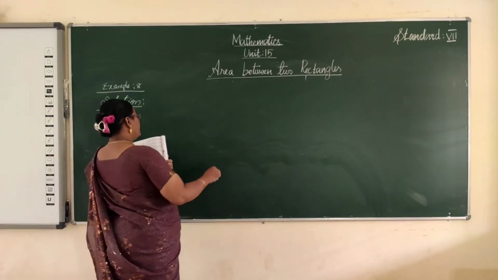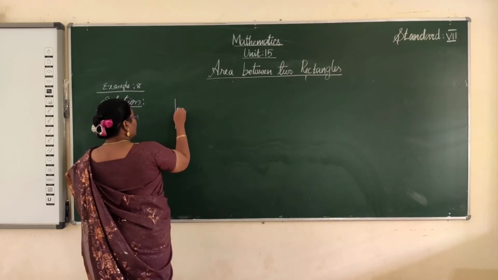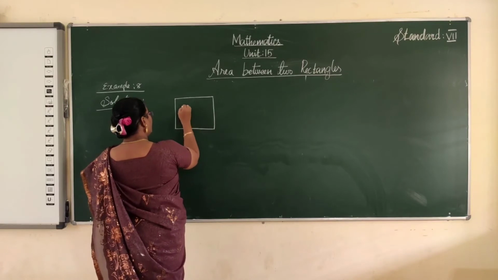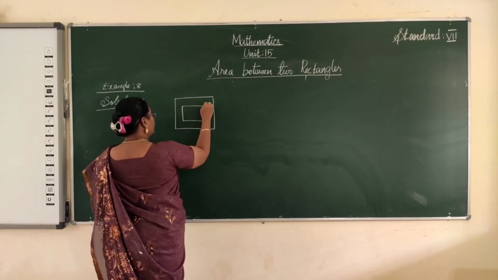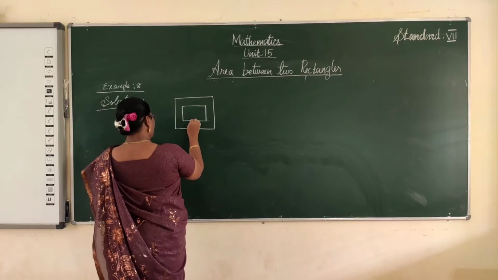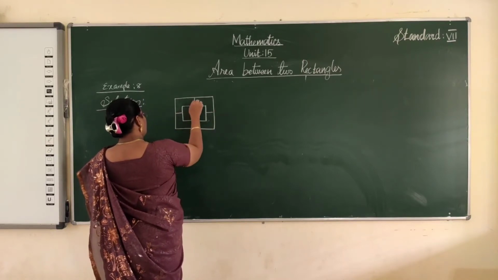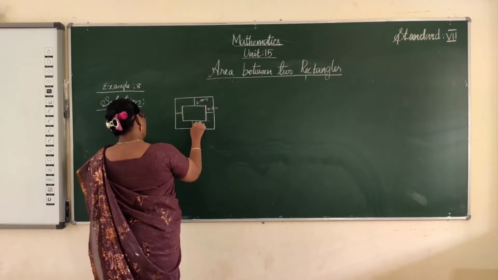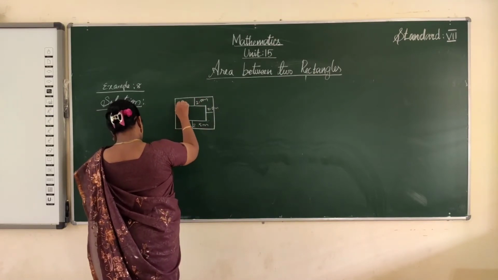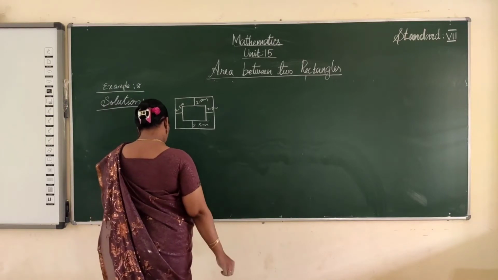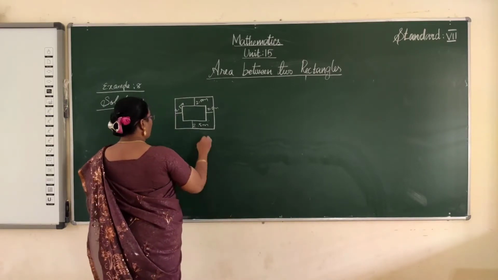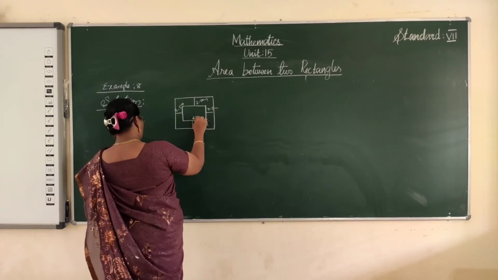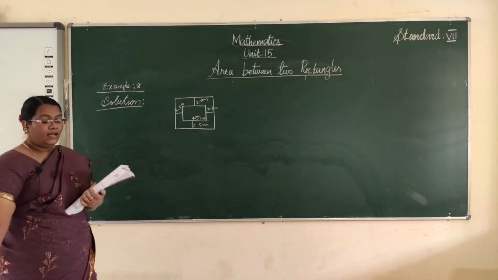The path width is given; width is 2.5 meter. And the side of the square is given as 45 meter. In a square all the sides are equal in length.